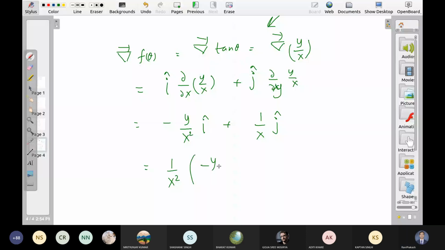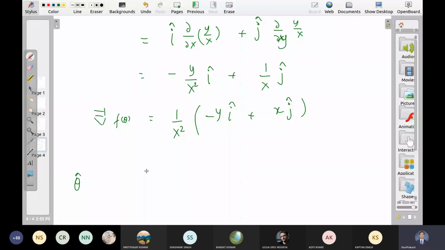Okay, this is del f theta. What is theta cap? Any idea? ये जो वेक्टर है, this is in the direction of theta cap. By tan theta. So what is the unit vector along theta cap?